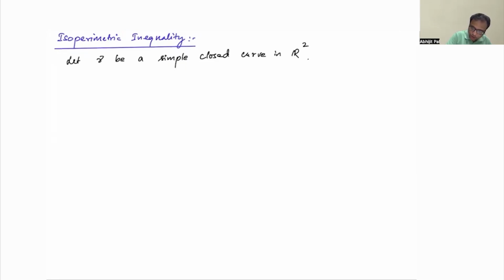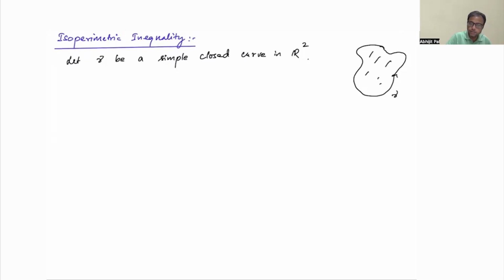Suppose you have this curve which is simple and closed in R2. This curve will bound a region. So it will bound this region.